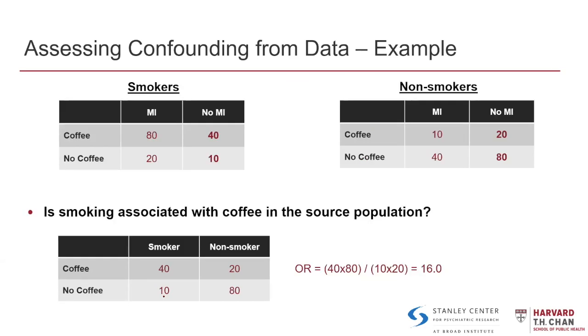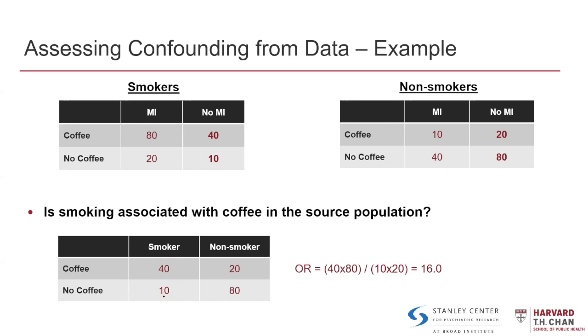So the next question that we want to ask is: is smoking, the potential confounder, associated with coffee in the source population? This is nothing but our first criterion for evaluating confounding. The cleanest way to do this is to look at the association among the non-diseased group.